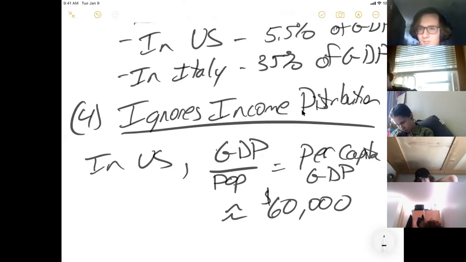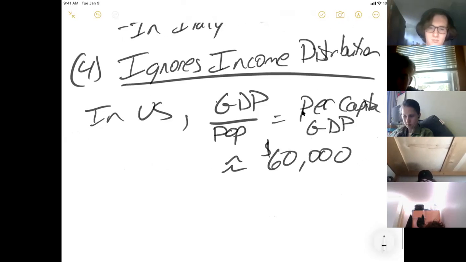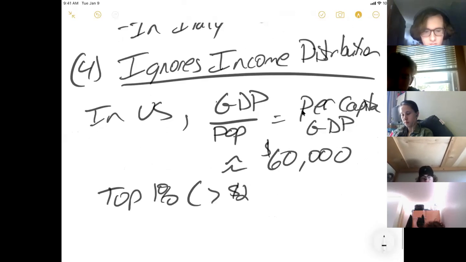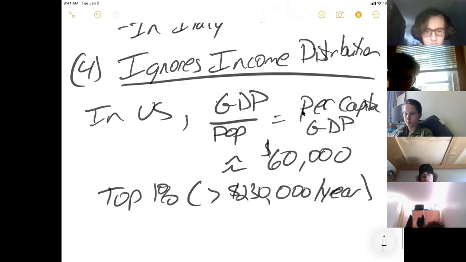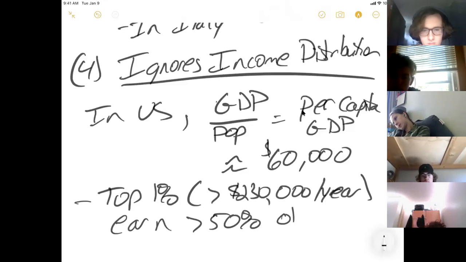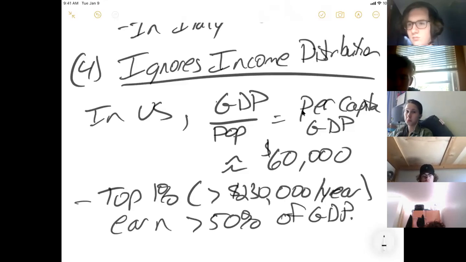And as we're going to talk about, in the United States, the top 1%, basically households that make more than $230,000 a year, earn more than half of all income in the United States.